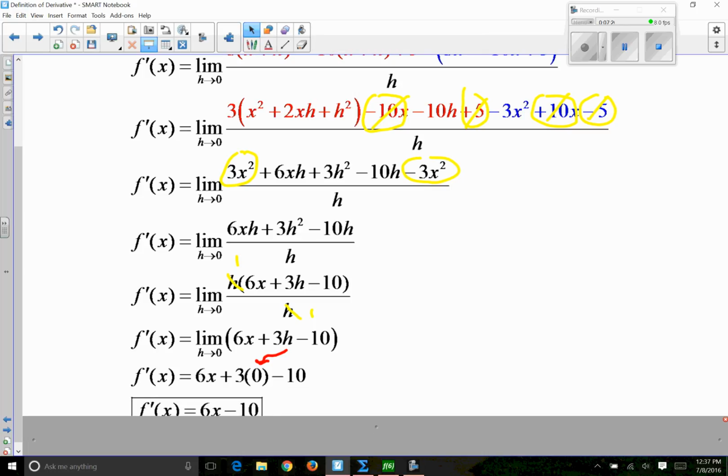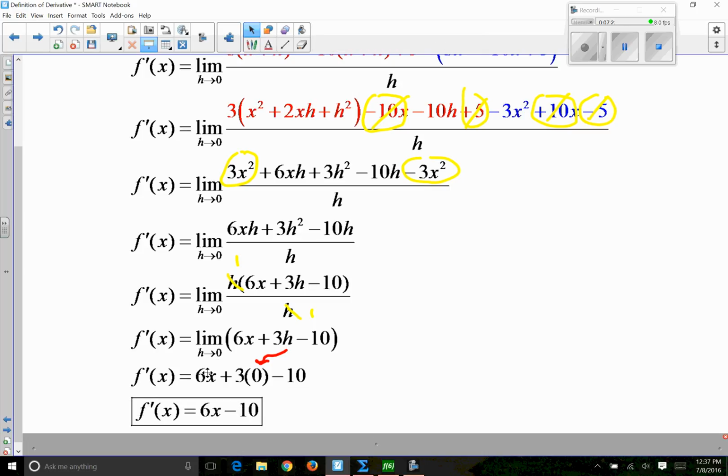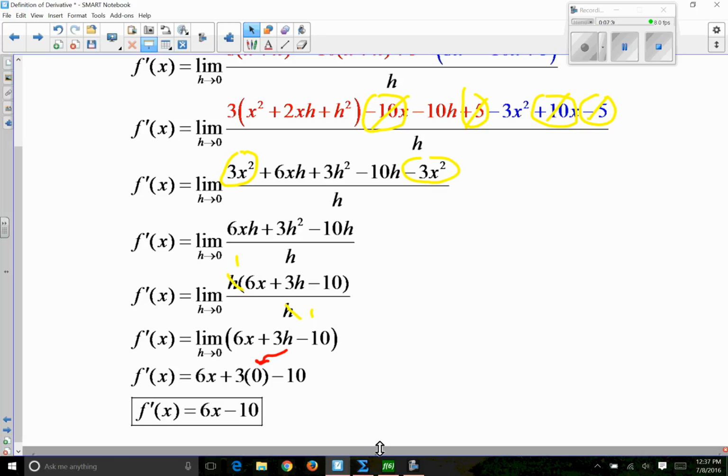H is approaching 0. The limit symbol is not here anymore. F prime of x equals 6x plus 3 times 0 minus 10. So f prime of x equals 6x minus 10. If I went through that too quickly, make sure you pause the video and write all of this down slowly.